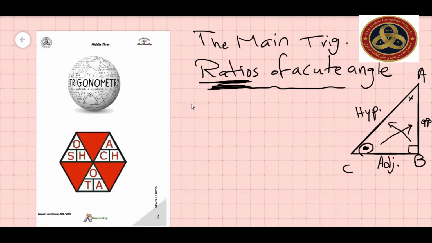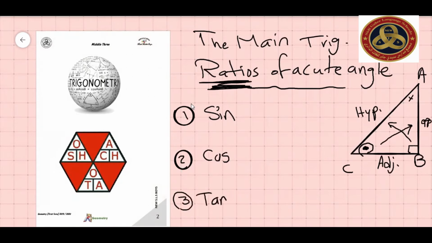Okay? What are the ratios which we have? We have 3 ratios. The first one is called the sine, the second one is called cosine, and the third ratio is called tan.